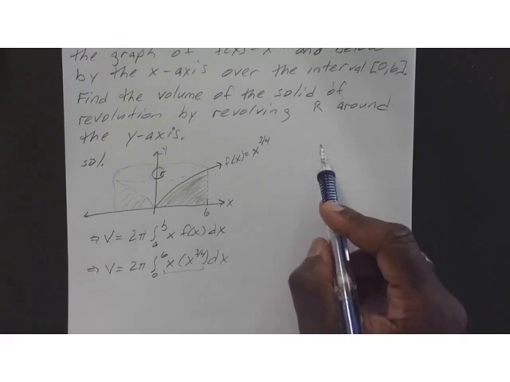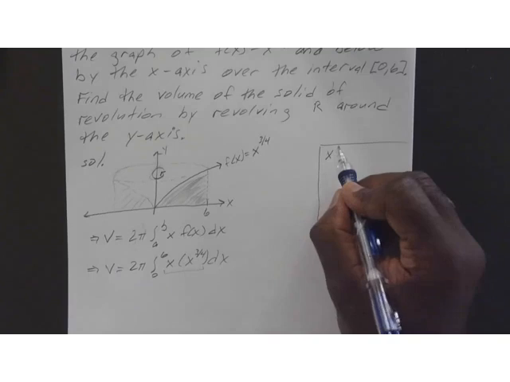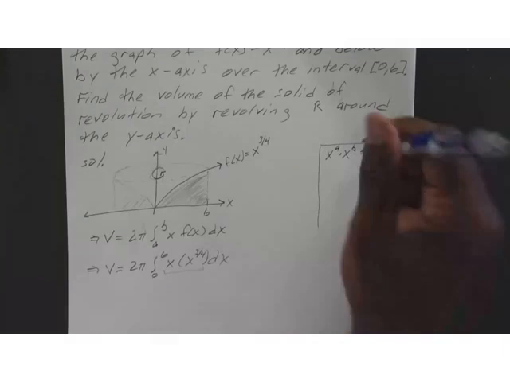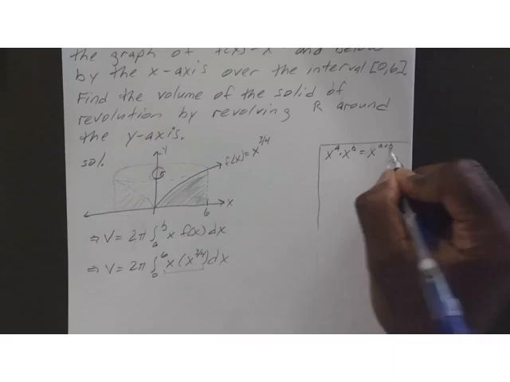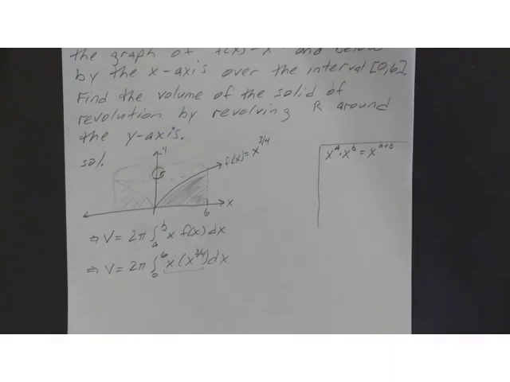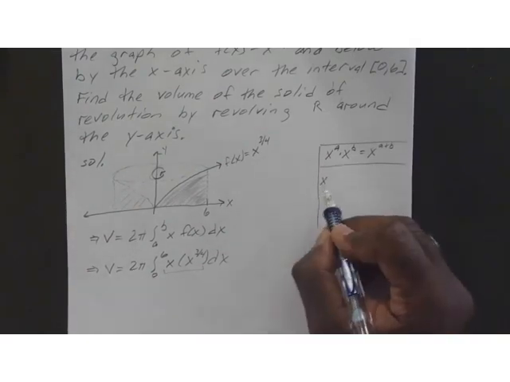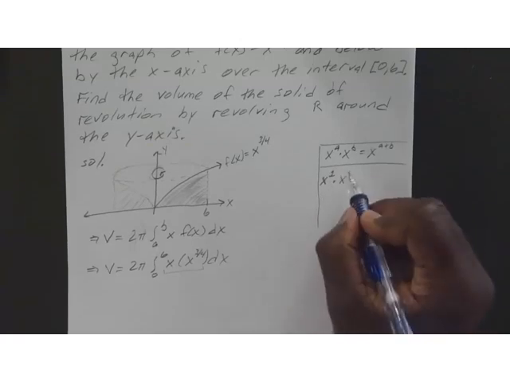Well, we can go ahead and combine these two. We're just multiplying x and x to the 3/4 power. And we know that x to the power of a times x to the power of b is just x to the power of a plus b. So that means we have x, or x to the first power, times x to the 3/4 power.